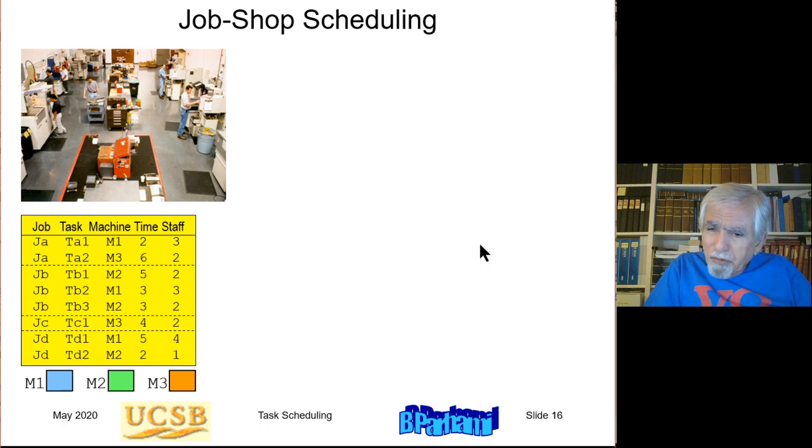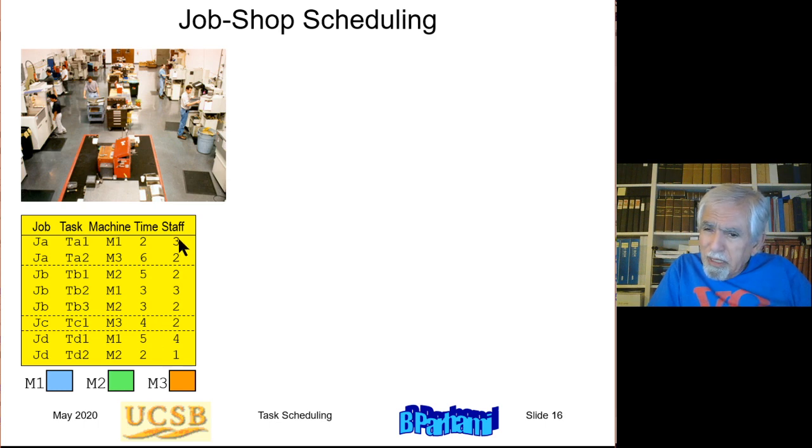And then performing that task requires a certain amount of time, and the unit of time is not important. Let's say we assign time in increments of 5 minutes. So 2 units of time means 10 minutes. 6 units means 30 minutes. So 2 units and 6 units of time.